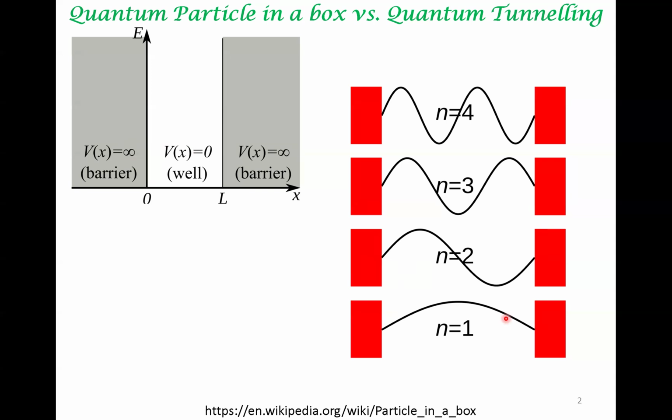Likewise, energy and time are also complementary variables that are constrained by the uncertainty principle. So, if you know the energy very accurately, that means there is a complete uncertainty in time. That's what we mean by a stationary state.